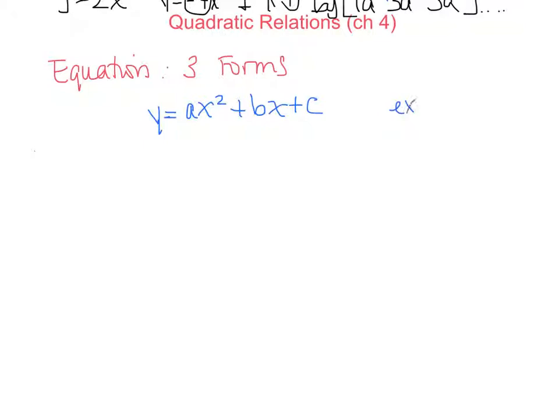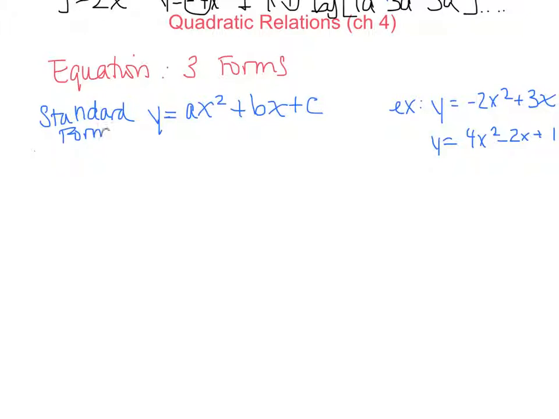So for example, y equals negative 2x squared plus 3x, or y equals 4x squared minus 2x plus 1. Those are examples of equations in standard form. That's the first form of a quadratic equation.